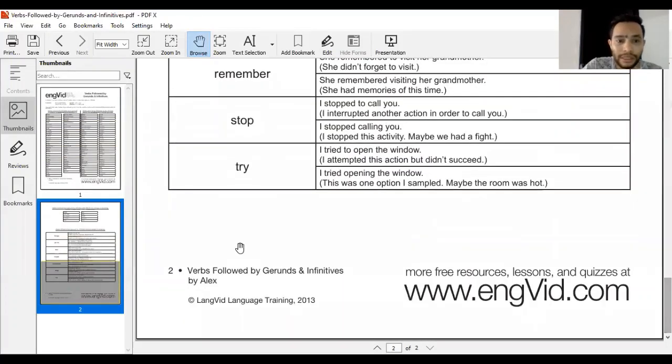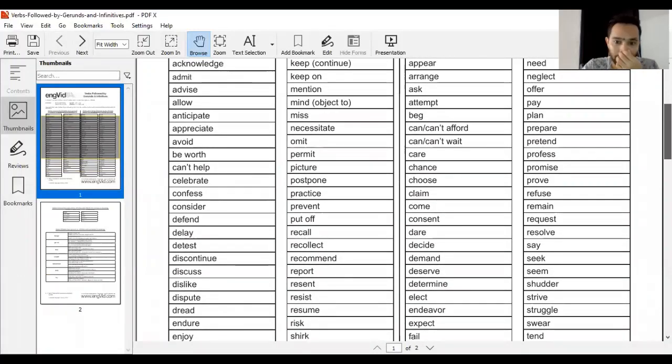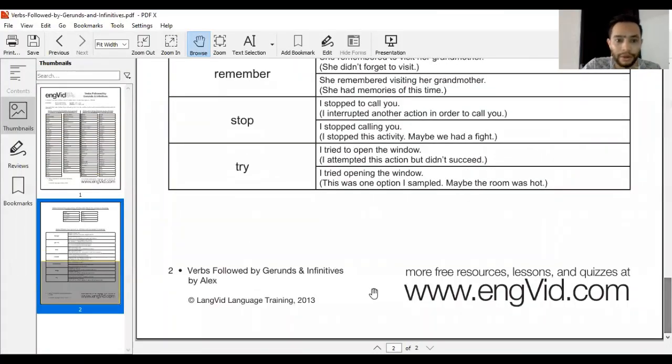So to give you an extra example, I'm going to choose one verb from the ones up there. For example, let's write the verb want. Now, want is followed by infinitive with to, right?